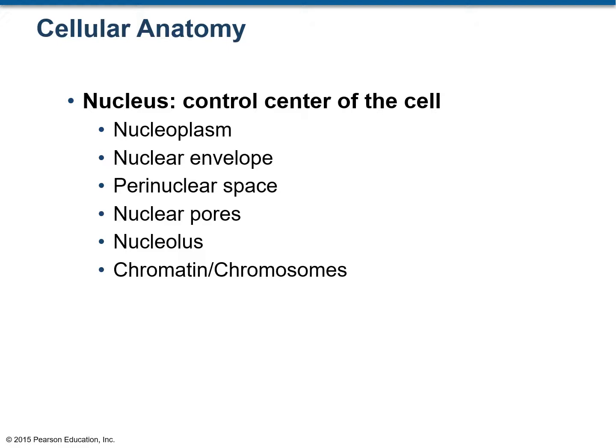Now, if you look inside the nucleoplasm, you will see some long thread-like structures which are known as the chromatin or the chromosomes. These contain the genes. So these are the reservoir of your genetic information. In addition to chromatin, you will also see some very dense circular structures which appear to be very darkly stained under the microscope.